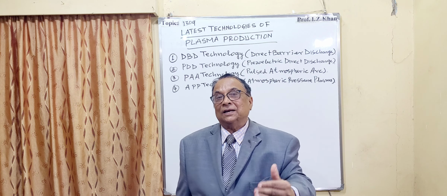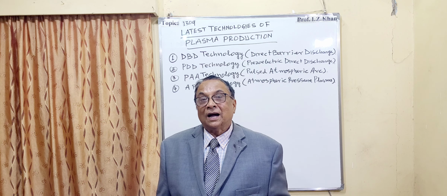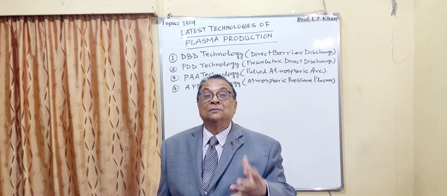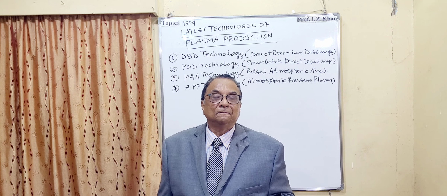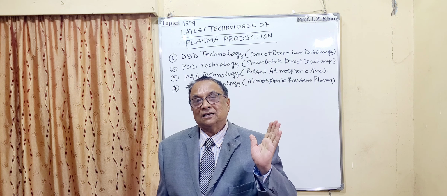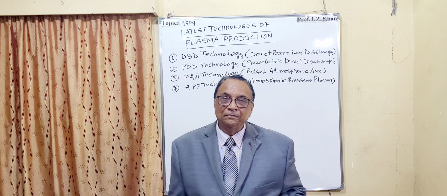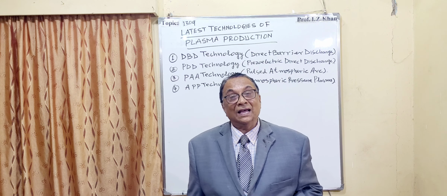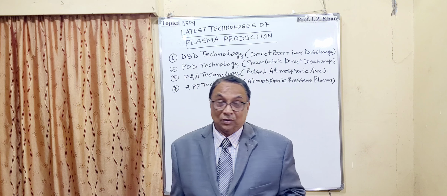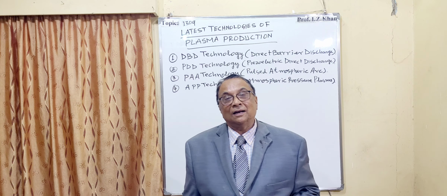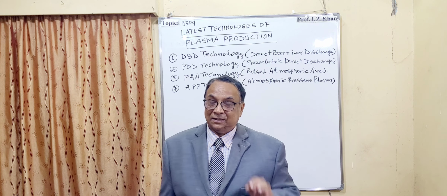No. After reaching the gaseous form, again you have to supply more and more energy, a very high amount of energy, so that it is converted into ions, ionized. That particular energy, I have already told you in the previous lecture, is called ionization energy.